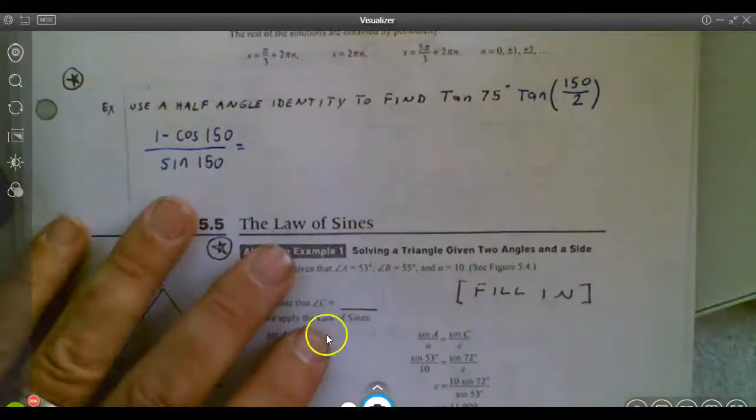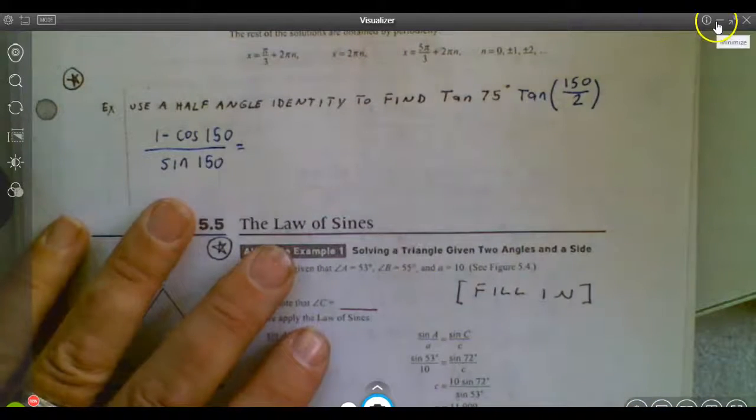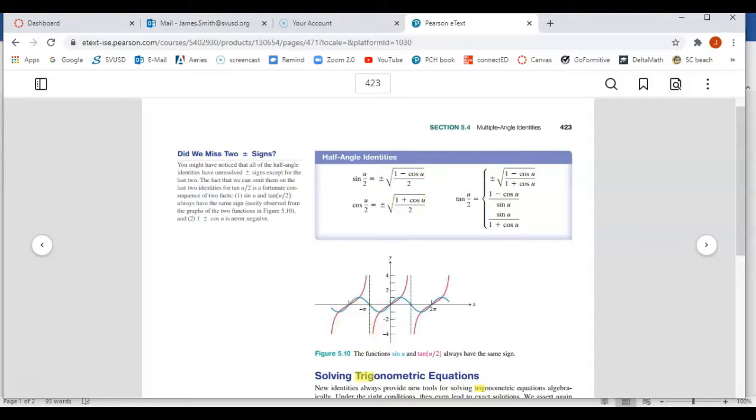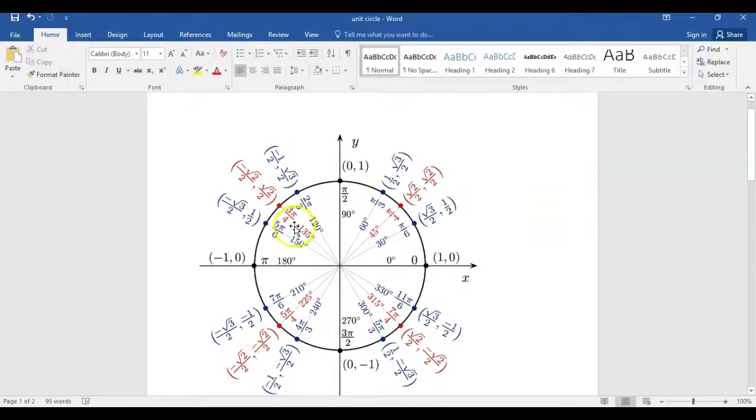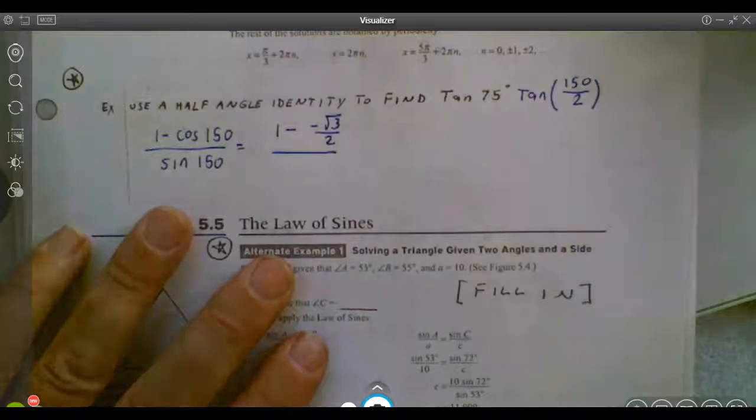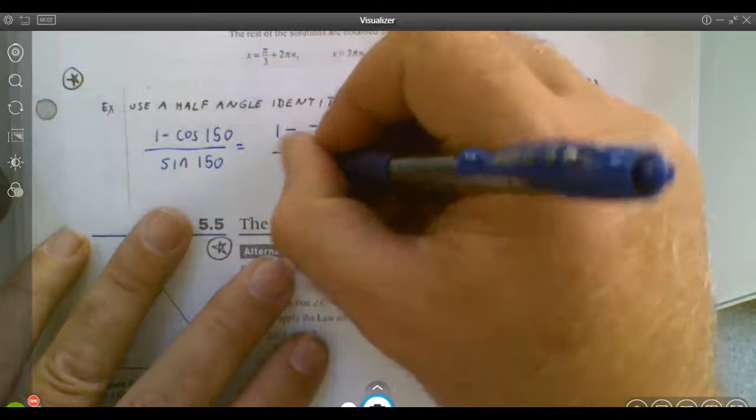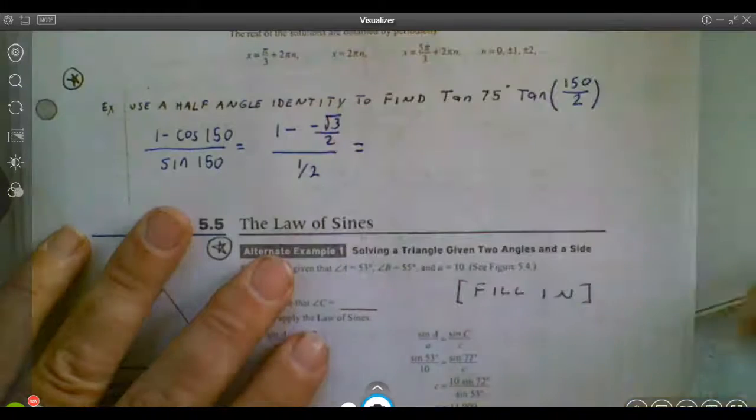So knowing that those are values on our unit circle, we should be able to plug in and simplify pretty easy. So at 150, we got cosine is negative radical 3 over 2. And on bottom, we're doing the sine value, which is 1/2. So we just need to do a little cleanup on that, and once we simplify it, that will be our answer.